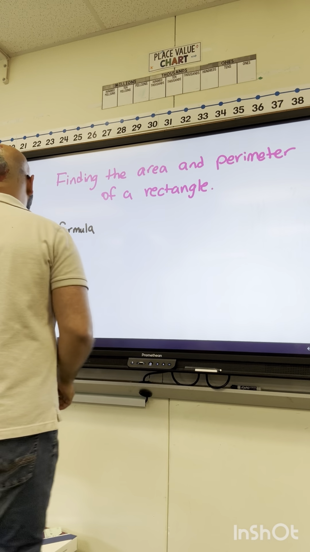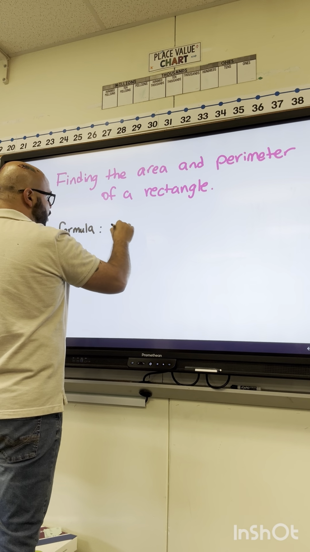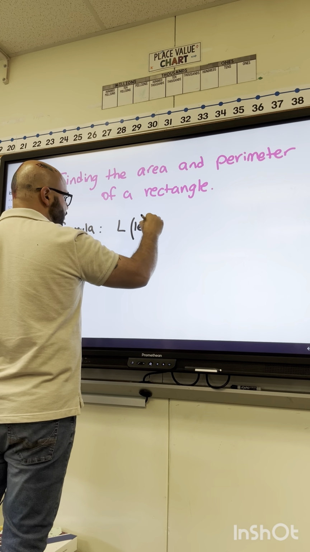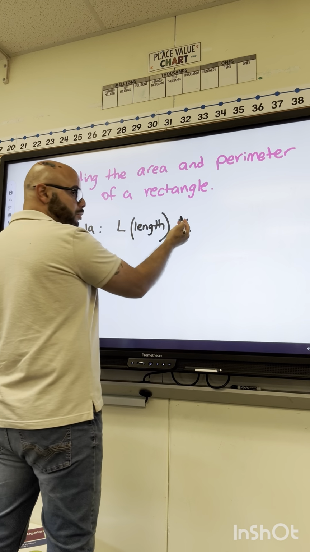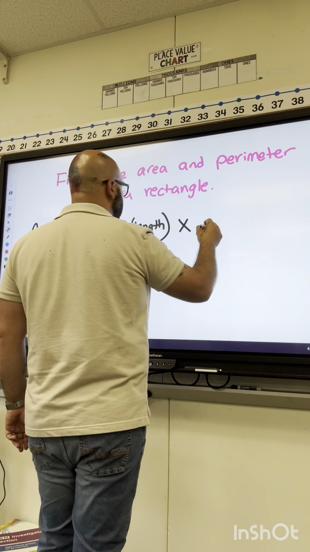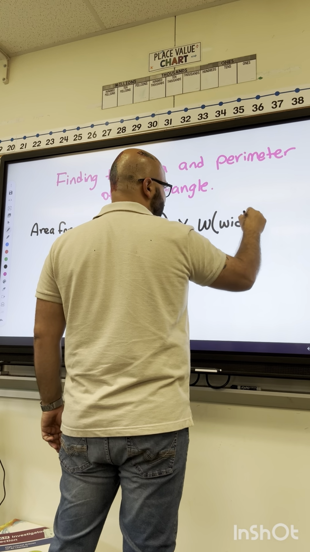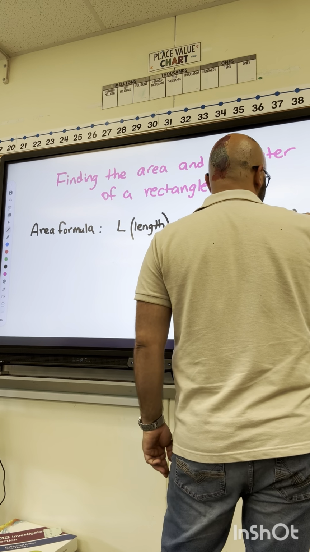So for example, the area formula is L, which is length, times, this is a multiplication, times width, which equals your area.